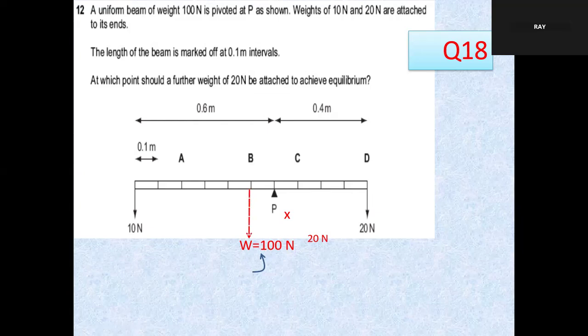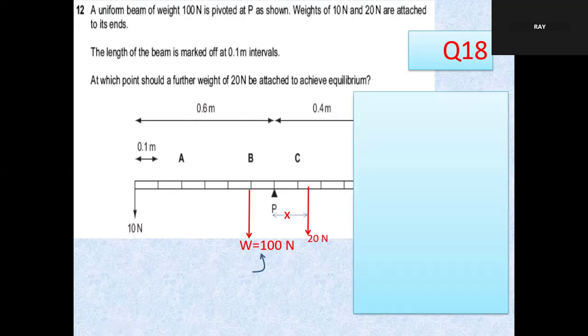That's the weight of the ruler, 100 Newton, and then 20 Newton. Let the distance be x. Taking moments about P.